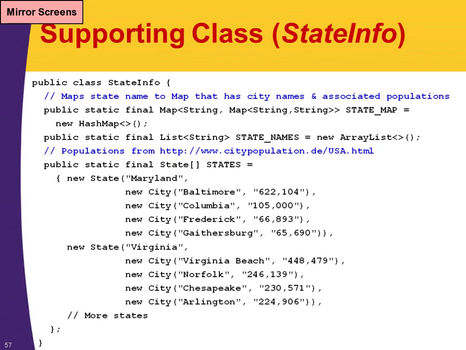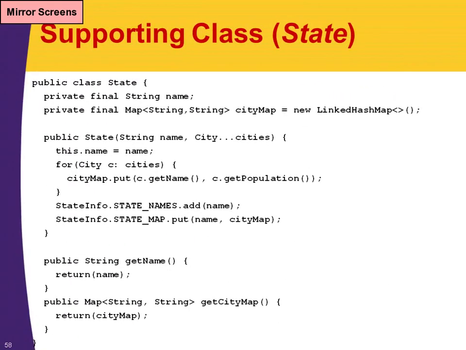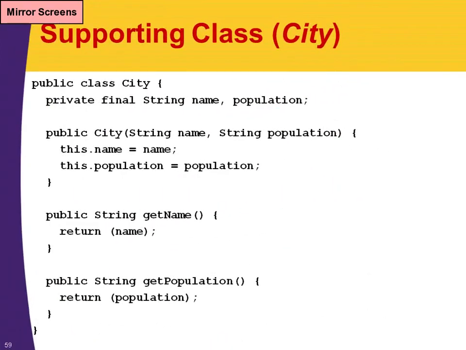Otherwise, you might well have to take the system offline in order to update the population list, which may not be a good idea, because it is basically static, but it gets updated once in a while. Okay, so these are just utility classes that are giving us access to the states and the cities and the populations. I'll let you look at that.